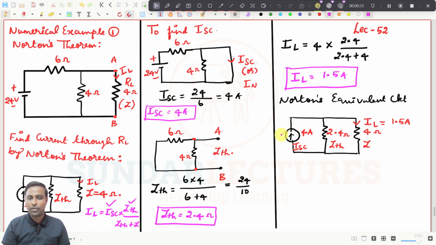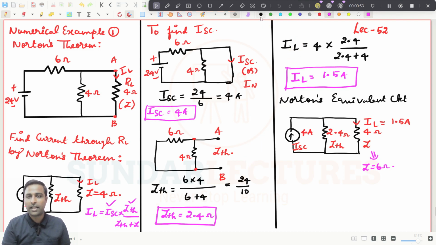We know the equivalent circuit now, and this 4 ohms we have changed to 6 ohms, that's all. So Z is equal to 6 ohms. Substitute in this formula.